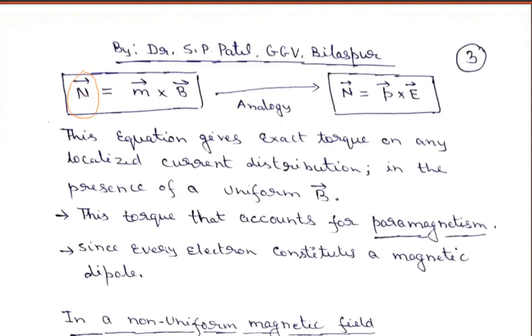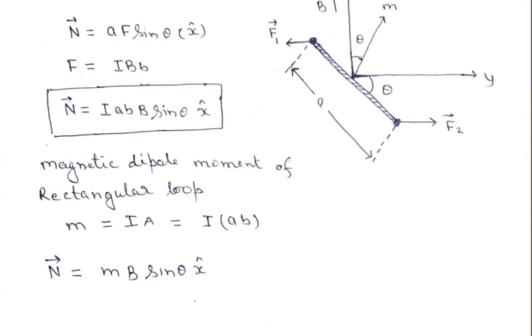The torque n will be equal to 0 when B is equal to 0, or m is equal to 0, or sine theta is equal to 0. If theta becomes equal to 0, then the total torque will be equal to 0, so n will be equal to 0.